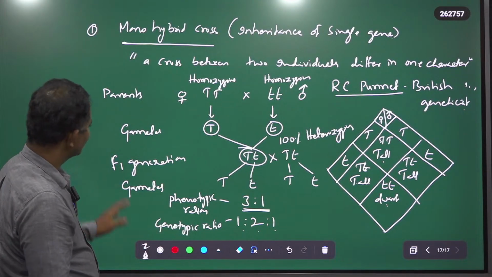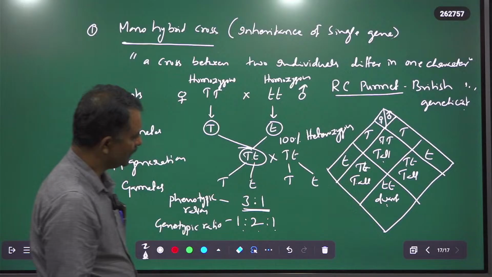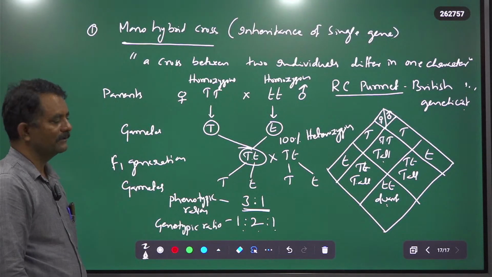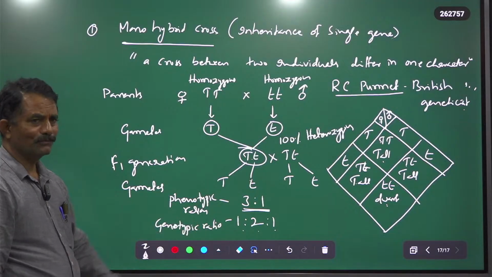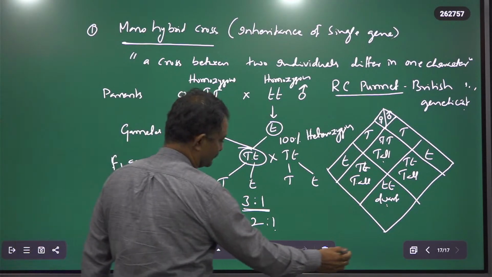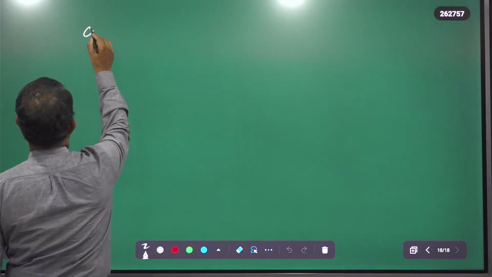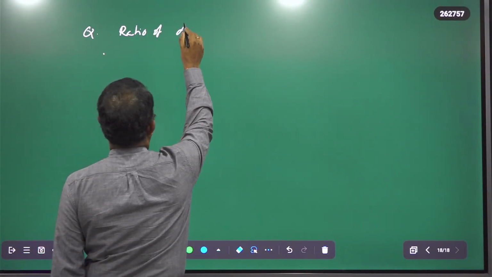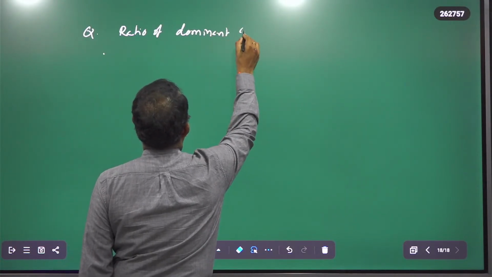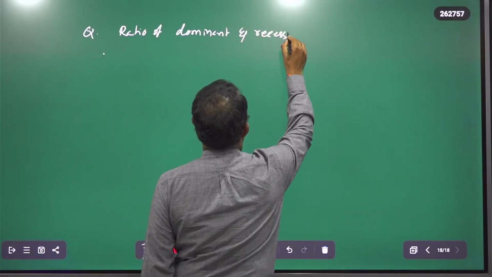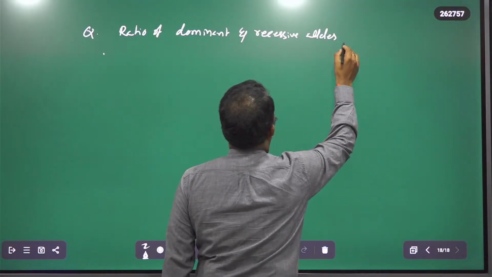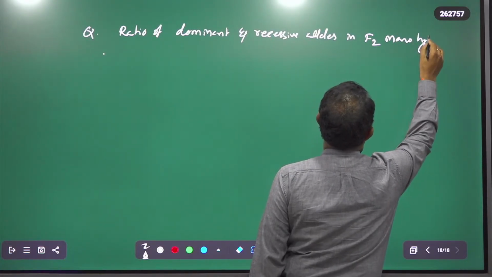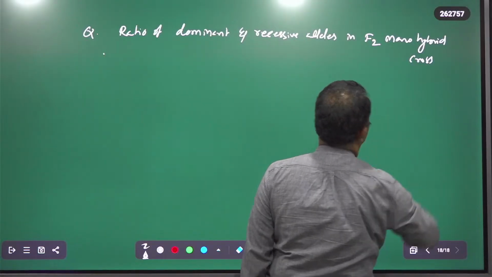Right. For example, here is a question. What is the ratio of dominant and recessive alleles in the F2 monohybrid cross?